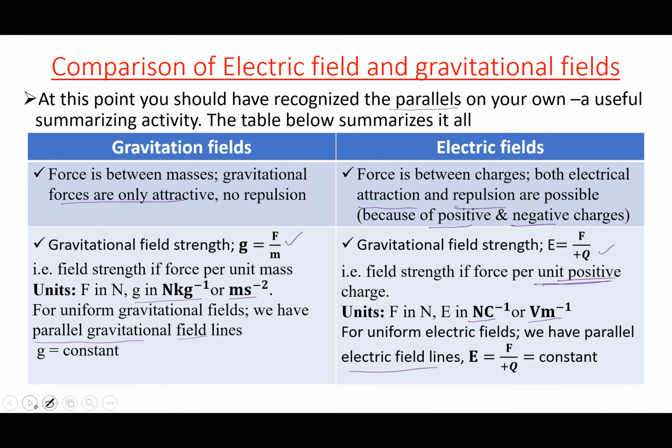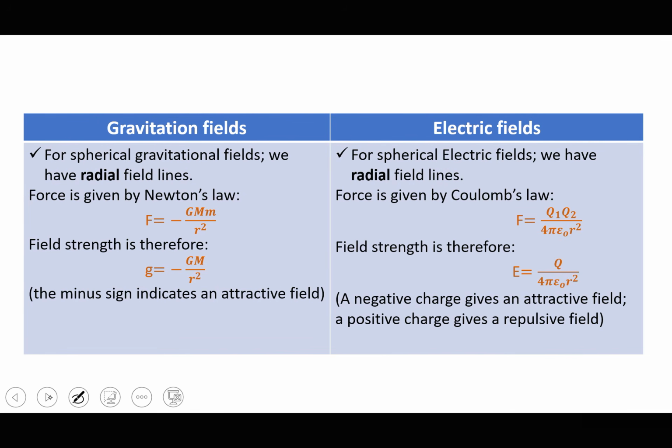On our next slide, we are continuing the comparison. If we consider a spherical charge and a spherical mass, in both cases the field lines are radial. But note that if I consider a positively charged spherical mass, the electric field lines will be outwards, but the gravitational field lines will be towards the mass.